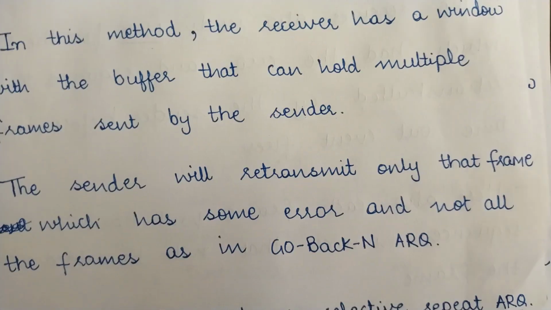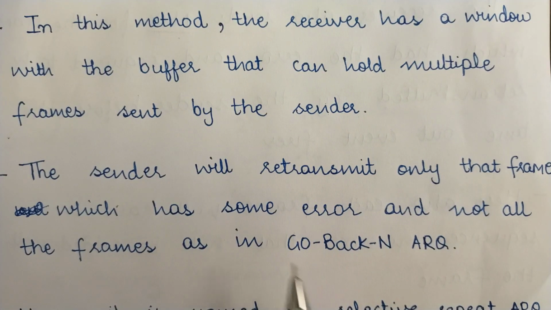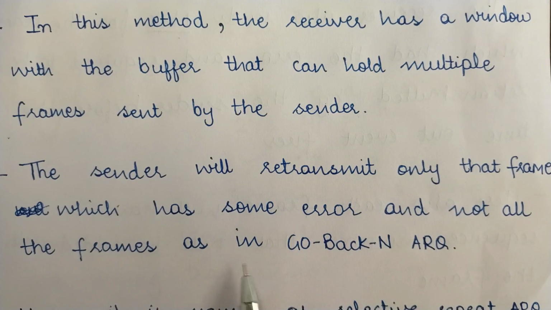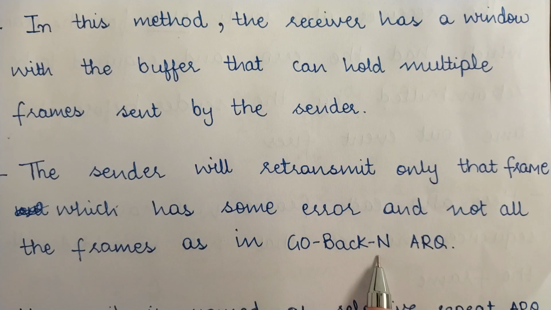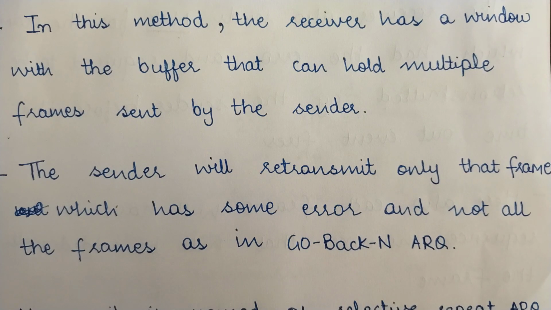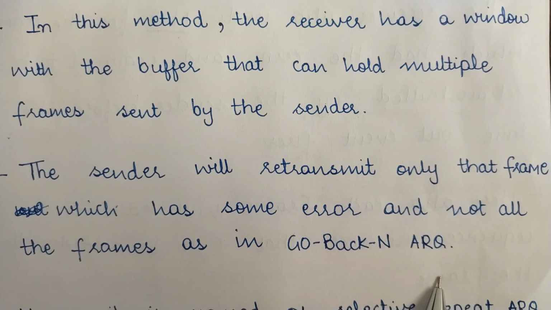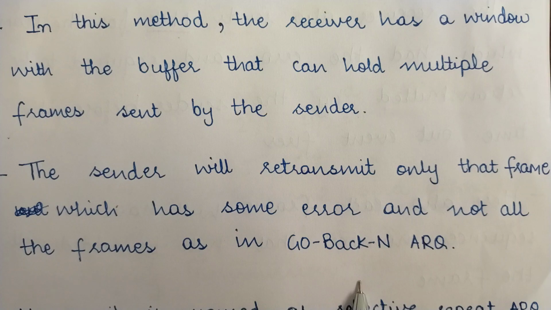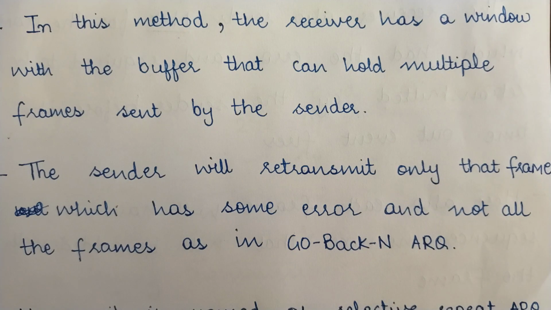The receiver will retransmit only that frame which has some error and not all frames as in go back N ARQ. So in our last video when we studied go back N ARQ, we saw that if a sender was sending frames from frame number 0 to frame number 4, and if there was an error in frame number 2, then the frames from frame number 2 till frame number 4 were retransmitted.